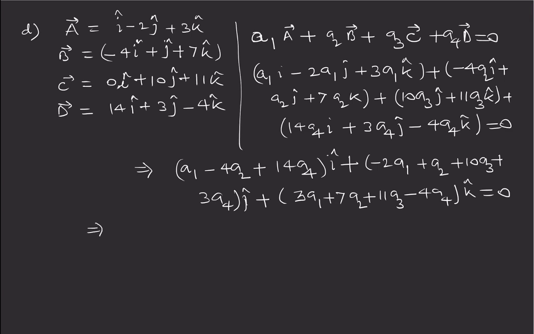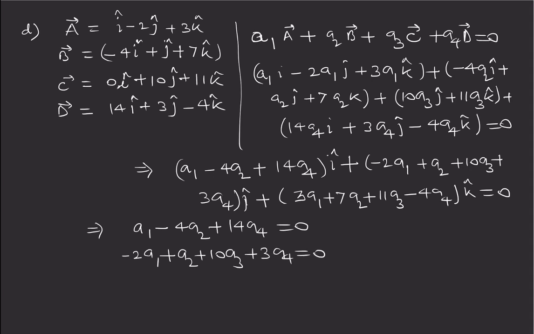This gives A1 minus 4A2 plus 14A4 is equal to 0, minus 2A1 plus A2 plus 10A3 plus 3A4 is equal to 0, and 3A1 plus 7A2 plus 11A3 minus 4A4 is also equal to 0.